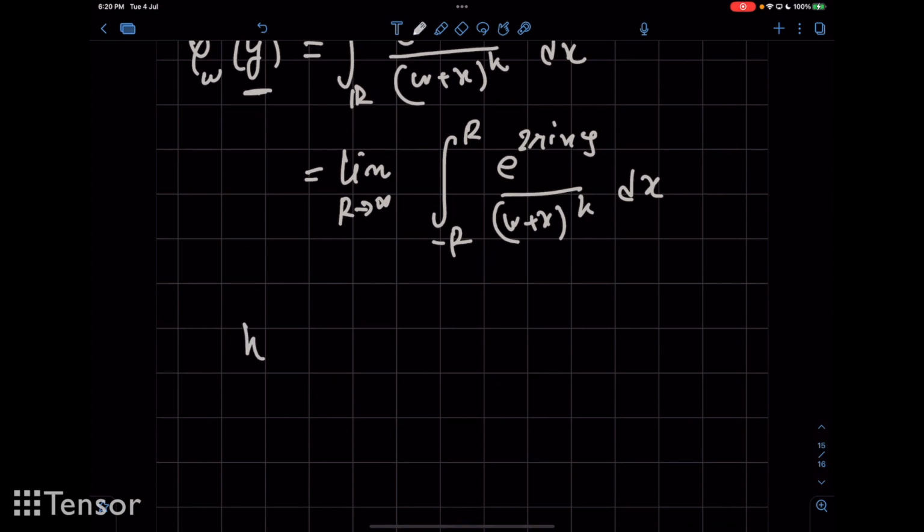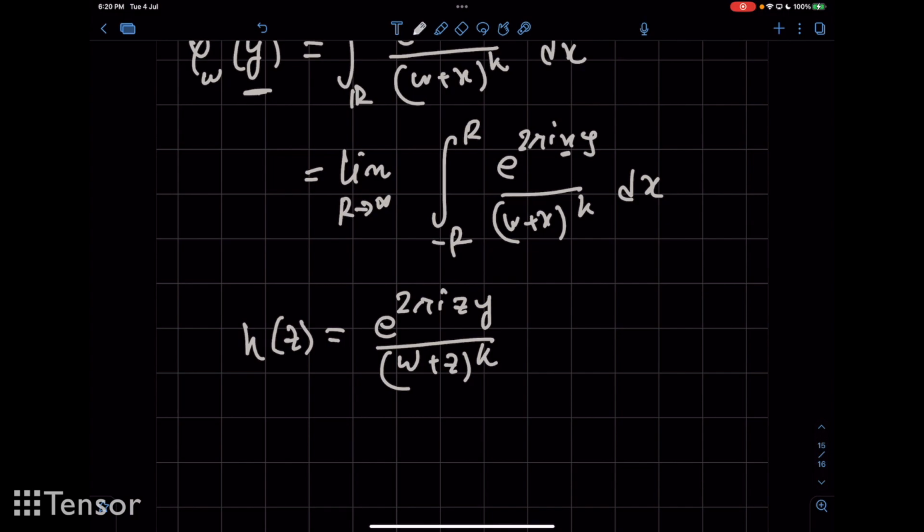Now consider this complex function, e to the 2 pi i zy over w plus z to the k. So instead of the variable we are integrating over, we are changing that variable to a complex variable z. So this function has a pole of order k. Where is the pole?